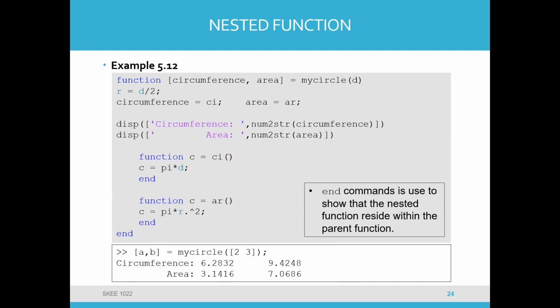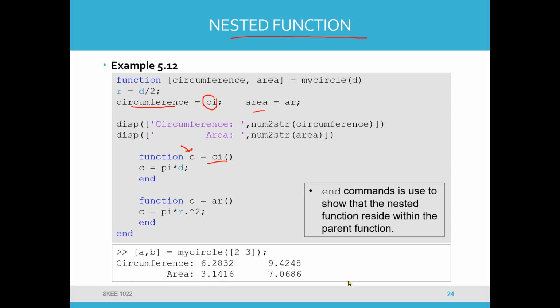You can see here there is no input, so no need to put input. You can see here the function name is ci. Remember that I said output and input you can change to anything. The advantage of using a nested function is that the workspace is shared.